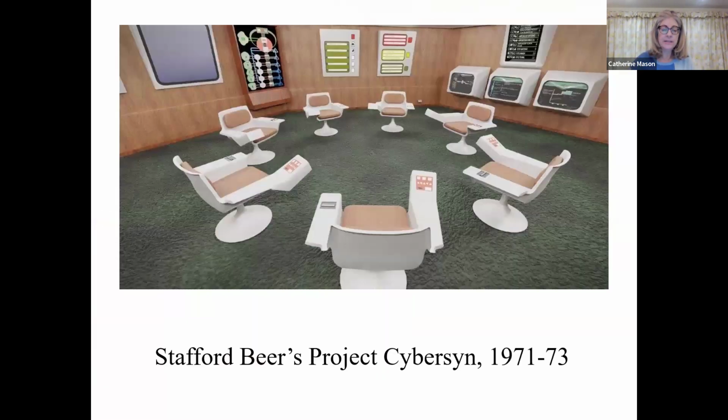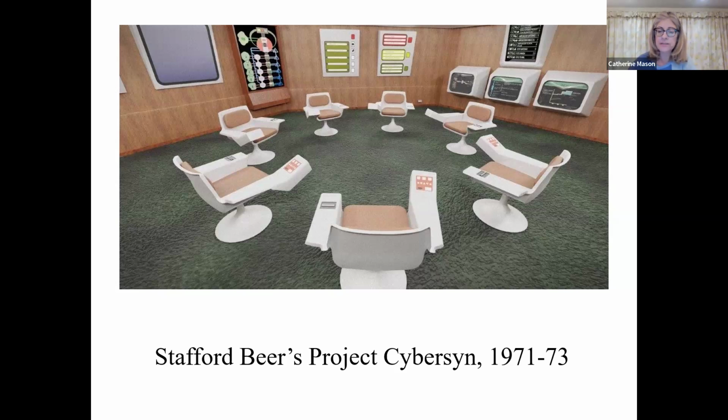Now, the EcoGame was seen by Stafford Beer, a British pioneer in cybernetics and someone who was much admired by George Mallen. And as a result, Beer utilized the slide projection technology as part of his infrastructure for his project CyberSyn, which he was developing around this time.